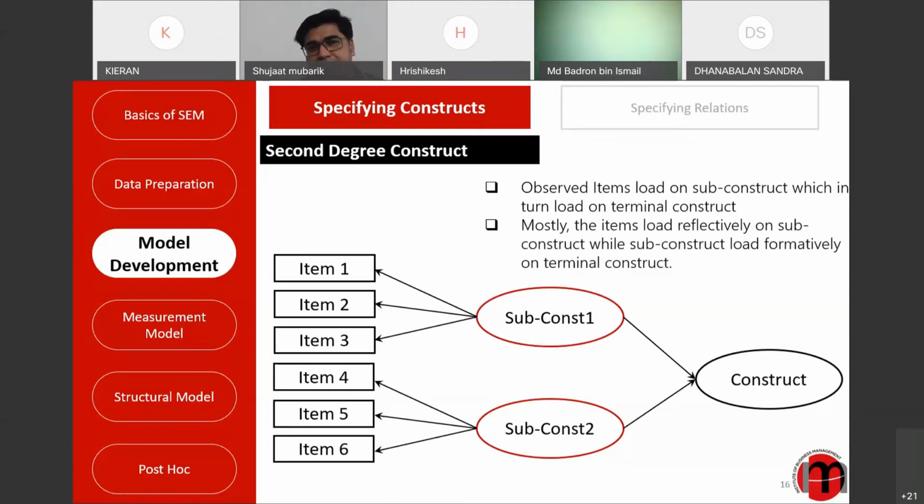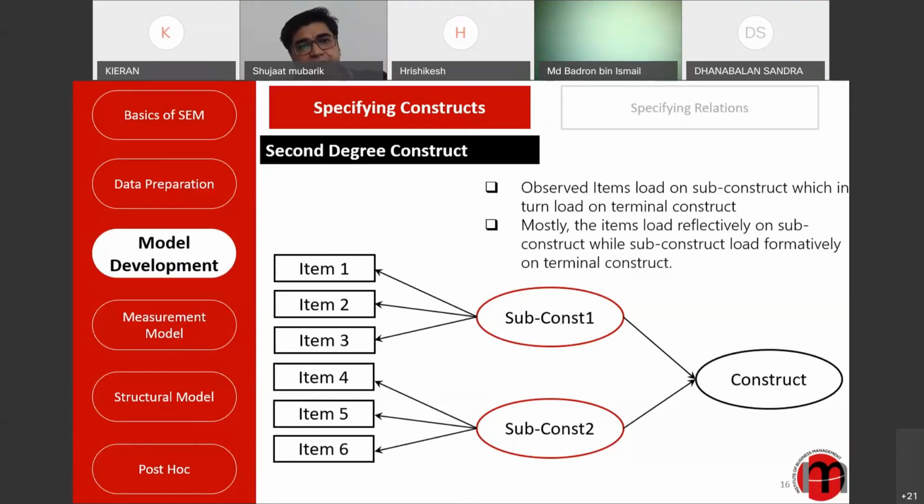So in this case, we call it a second degree construct. The construct, subconstruct, and then items. Now, in very rare cases, it happens that there's a construct, then a subconstruct, and then again a subconstruct, and then the item. Taking the same intellectual capital example, human capital has three dimensions: education, experience, and skills.